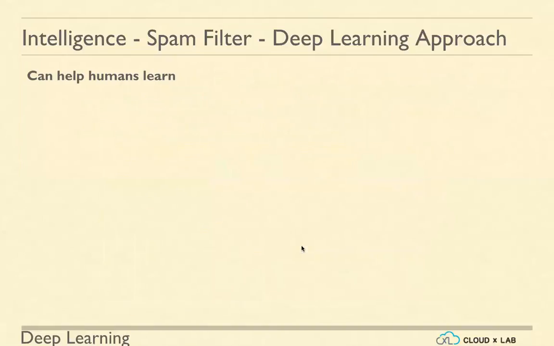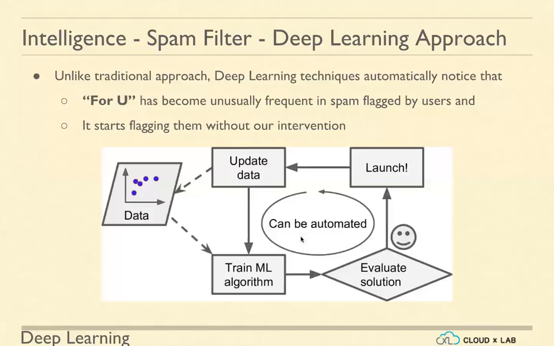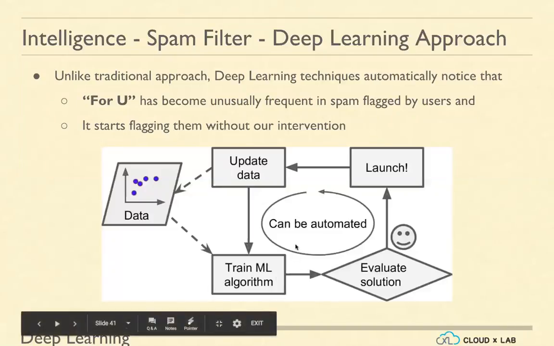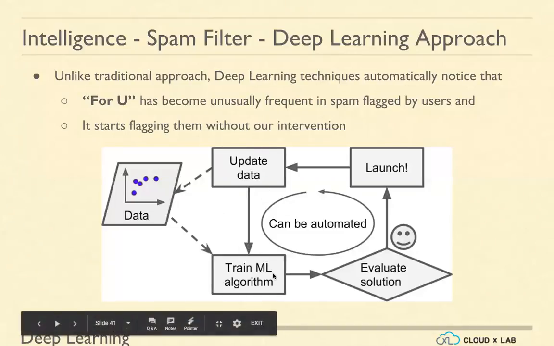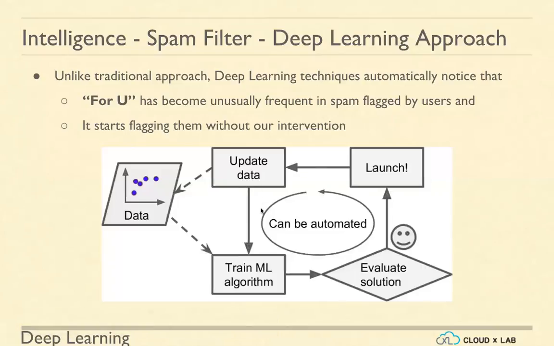Okay, so at this point, this portion where the updating of data is happening, we are training the ML algorithm, we are evaluating the solution, and then launching. This section of the cycle could be automated. And when you do this automation, then the entire system will keep on running by itself.